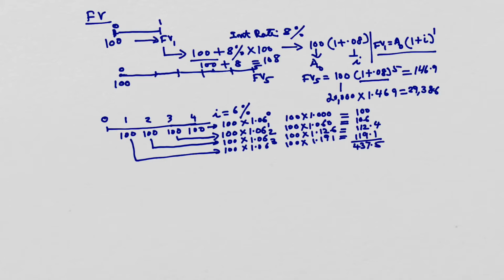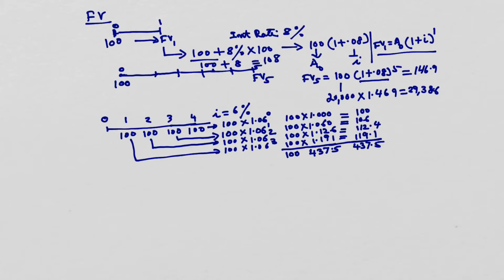Now, let us look here. If I add this, it becomes 437.5. And this amount, 100, is common. So really speaking, if you multiply 100 by this factor, you get this answer.